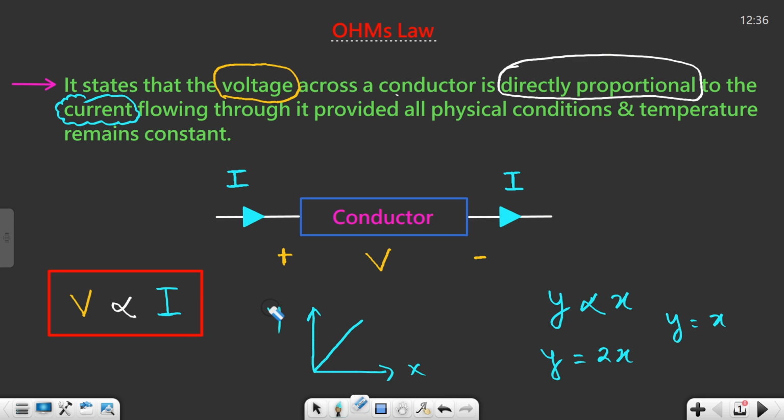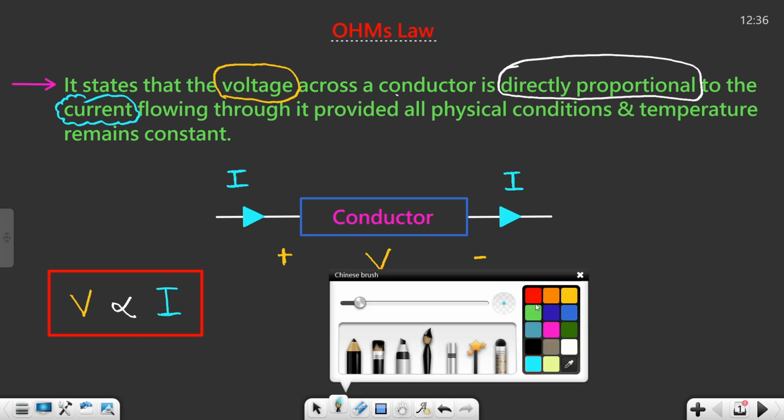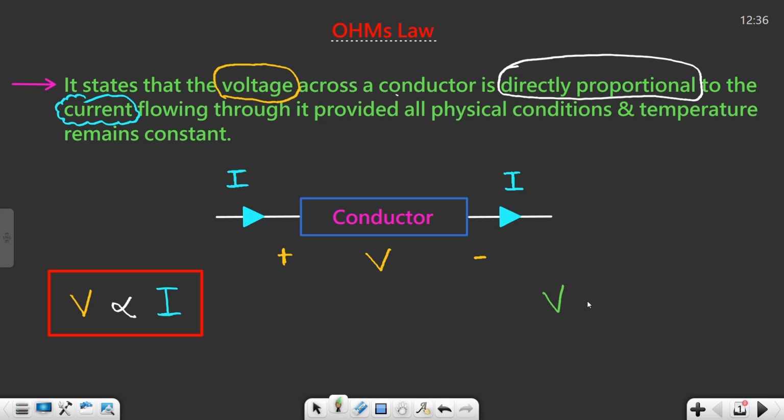Now let me erase this. I hope you are comfortable with this basic mathematics. Over here I have V and I. What I know is that V is directly proportional to I. Let's assume for the time being, if I remove the proportionality sign, that the constant is 1 for some time.